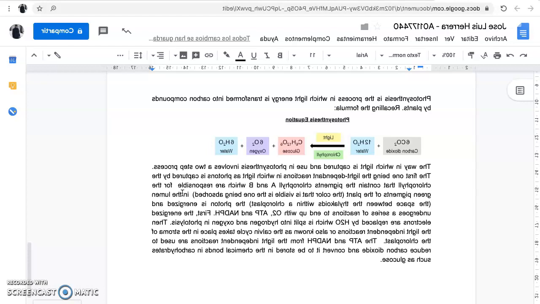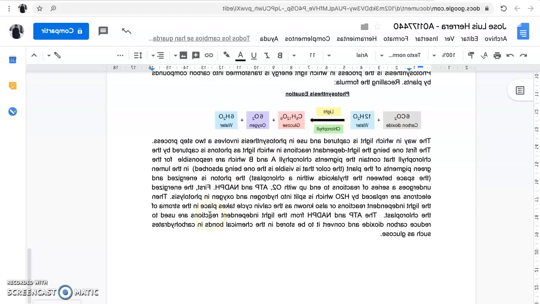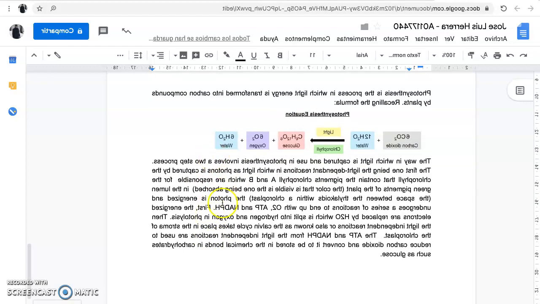You're not fully describing everything that happens in the process of photosynthesis. If they ask you to define the process of photosynthesis, or define the Calvin cycle and the light-dependent reactions, so what happens inside, then you must describe everything that fully happens in the photosynthesis process. But in this case, the question was different, and with this, you will be achieving your goal.